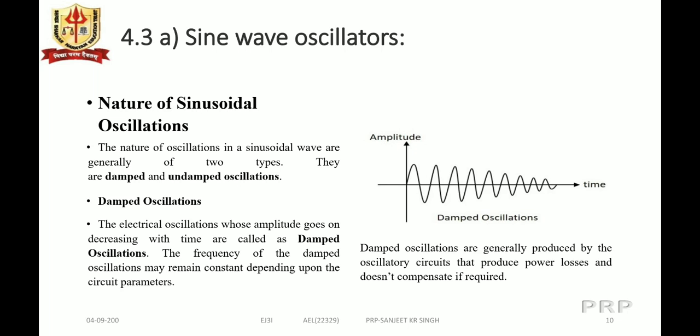The frequency of the damped oscillation may remain constant depending upon the circuit parameters. Damped oscillations are generally produced by the oscillatory circuits that produce power losses and do not compensate for them.